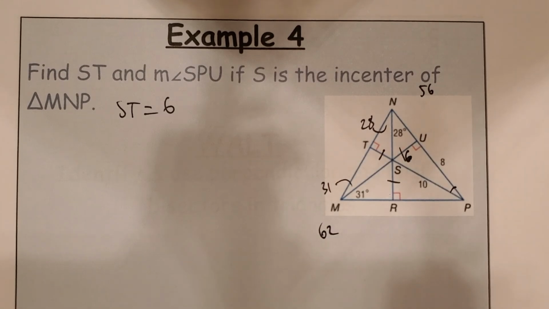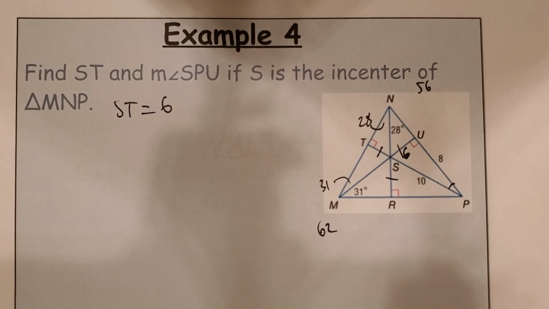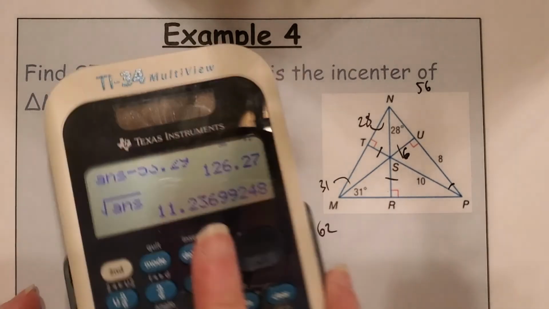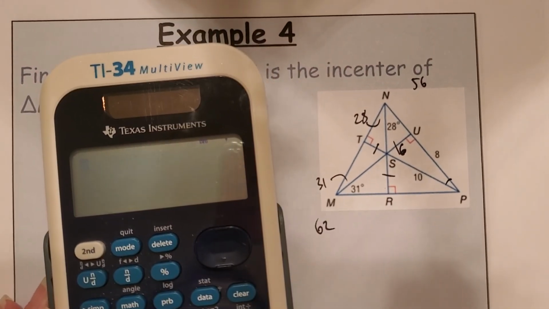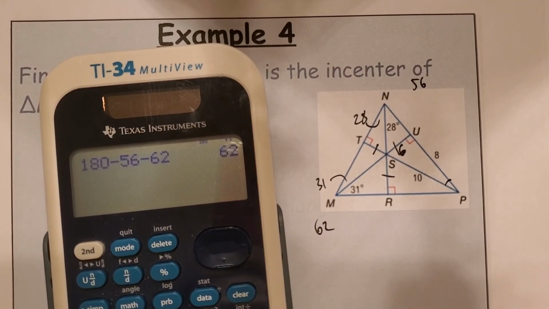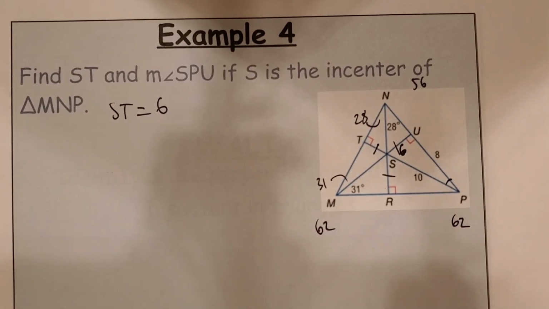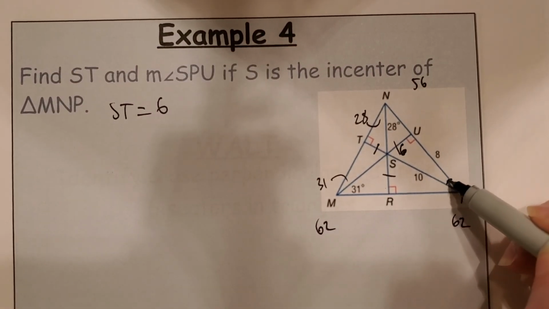And we hopefully remember when we first started talking about triangles that the sum of all the angles in a triangle is 180. So the entirety of angle P is going to be, I need my calculator for this, 180 minus 56 minus 62. Oh, which is also 62. So, okay, that makes our lives a little bit easier because SPU is only part of it.